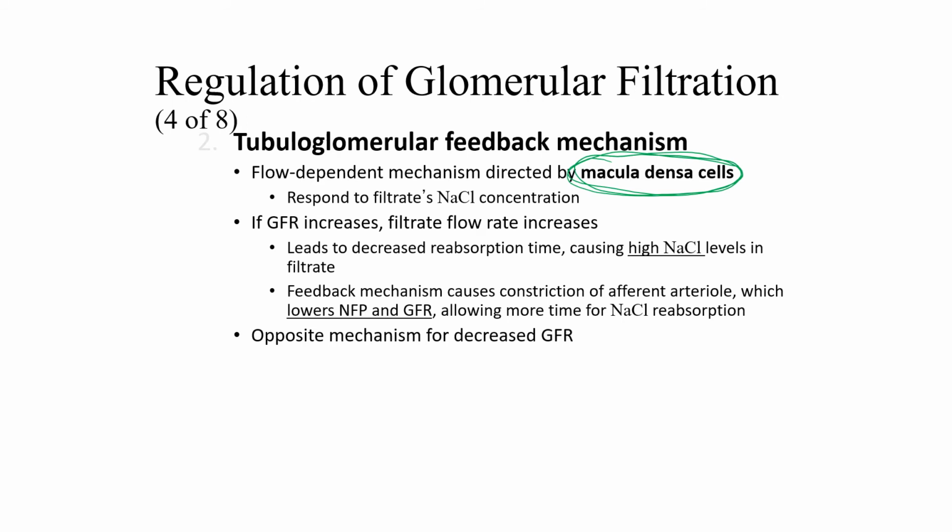The macula densa senses this and provides a feedback mechanism that is going to lower the net filtration process and the glomerular filtration rate, and that allows more time for sodium and chloride to be reabsorbed. If the filtration rate is too high, then the opposite things take place.